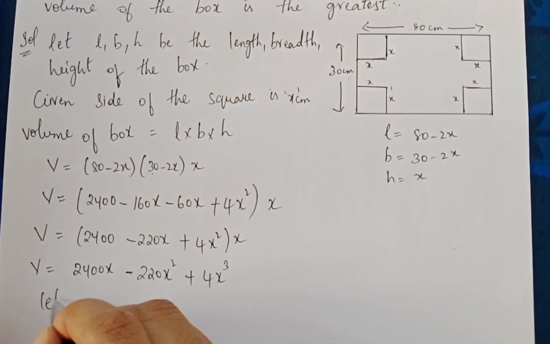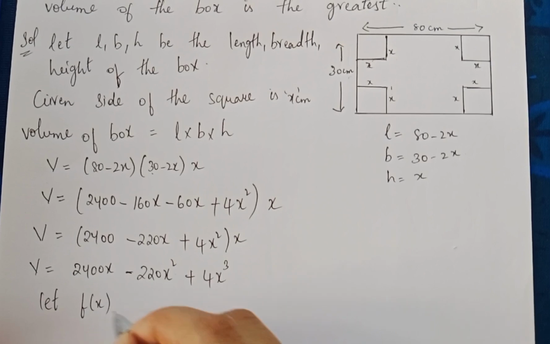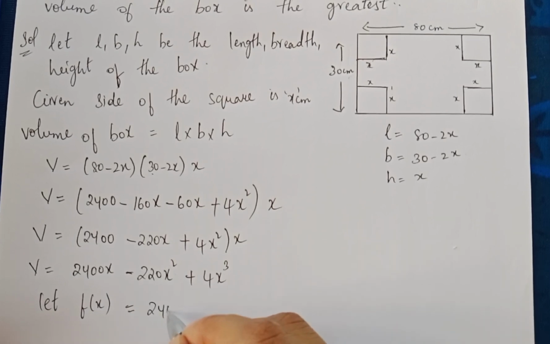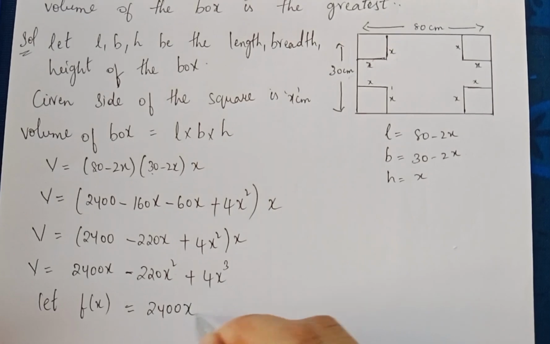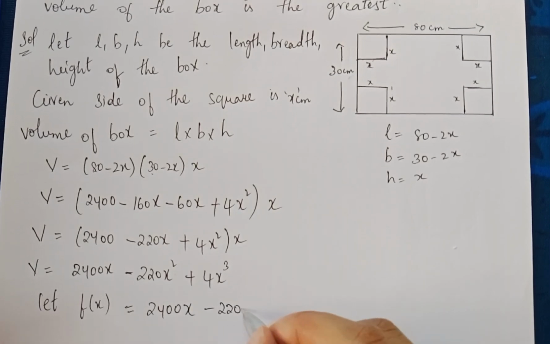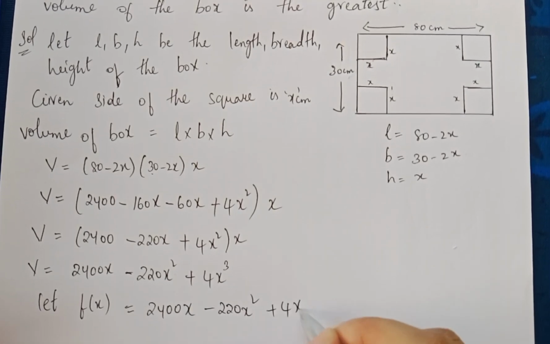Now let us consider the function. Let f of x be equal to the given function which we have got for the volume, 2400x minus 220x square plus 4x cube.